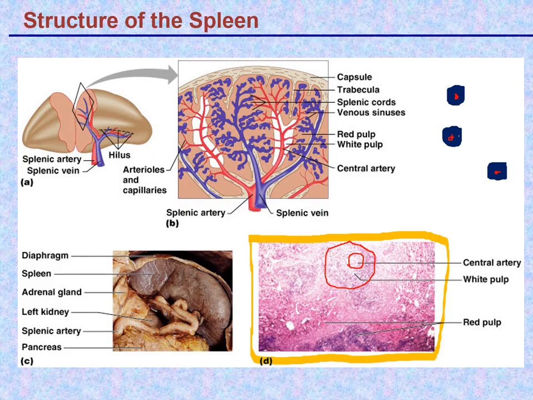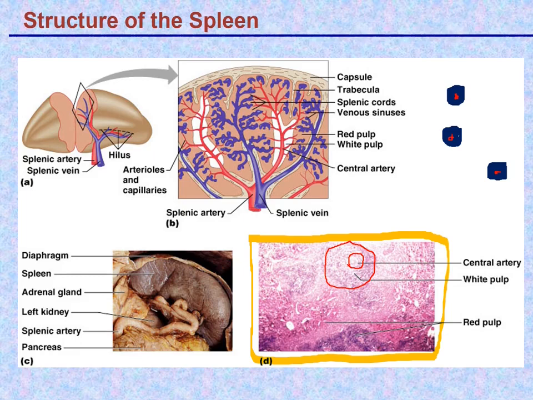So you have these circular areas. They're actually a cylinder all around the central arteries. There's many of them. And the rest is red pulp. The white pulp is filled with lymphocytes. The red pulp is filled mostly with red cells and macrophages.